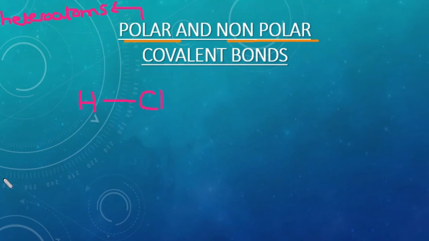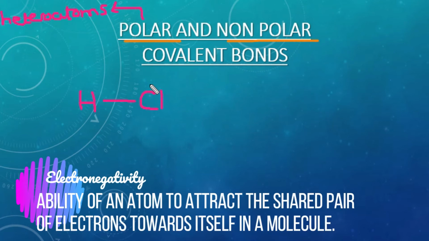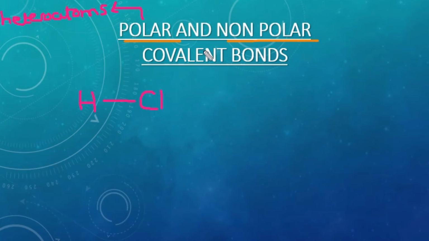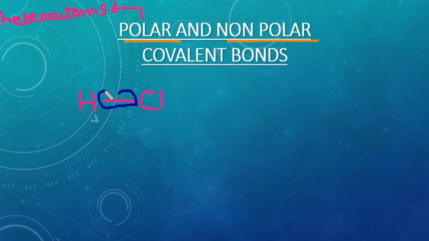In this bond, why do we call it polar? We call it polar because there is a difference of electronegativity between the two covalently bonded atoms, as a result of which this bond pair, which I am showing in blue, is attracted unequally by both the atoms, because one of the atoms is electronegative while the other becomes electropositive.